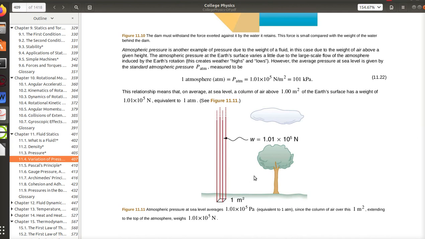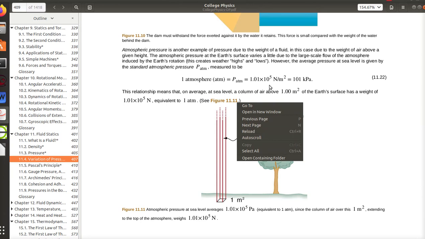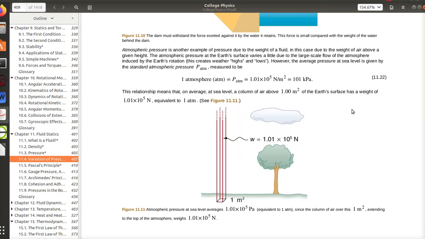And then atmospheric pressure is the weight of the air above us on a square meter, and 1 atmosphere is 1.01 kilopascals. In the American side, it's 14.7 pounds per every square inch.